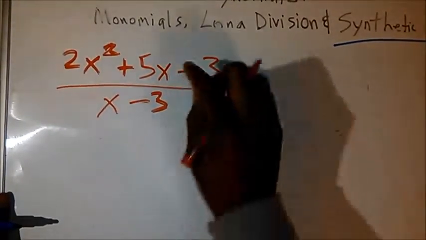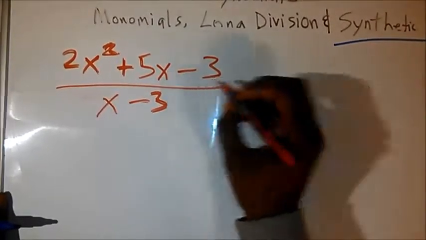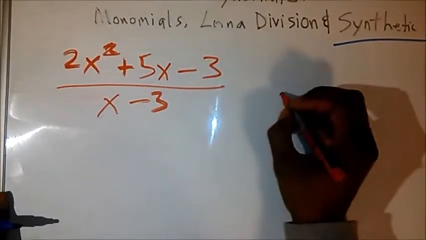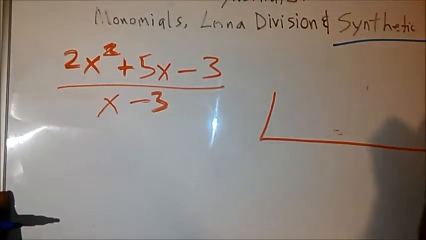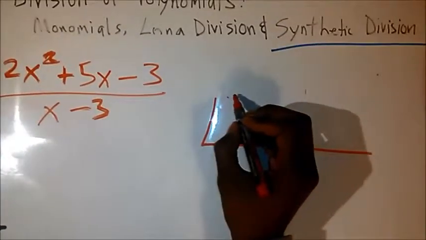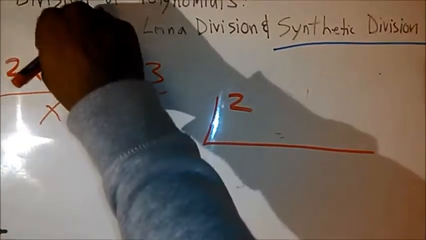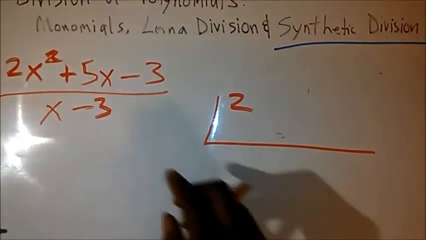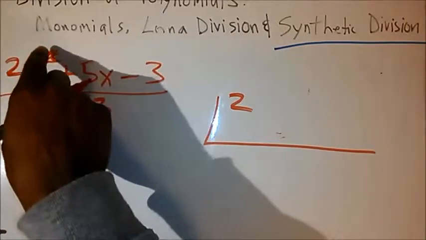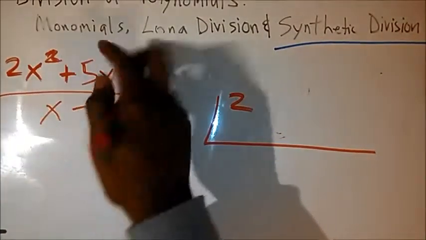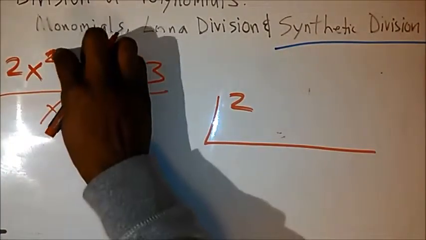Let's do it again. Take this, right? And we're going to draw our L-shaped thingy. Remember that our powers are arranged in descending order: 2, 1, 0. Good.